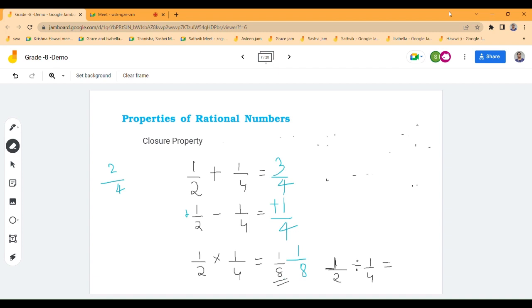Just do this one. I'll give you one more example, okay? Ma'am, we have to take the reciprocal of the other number.